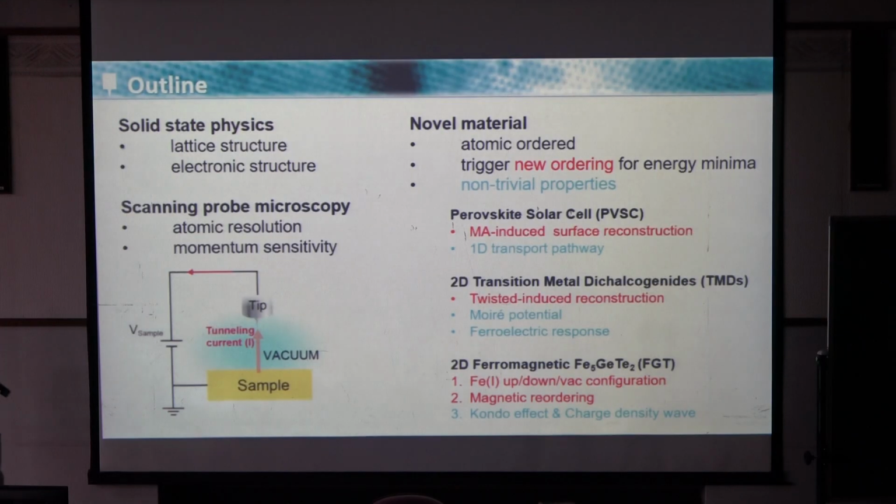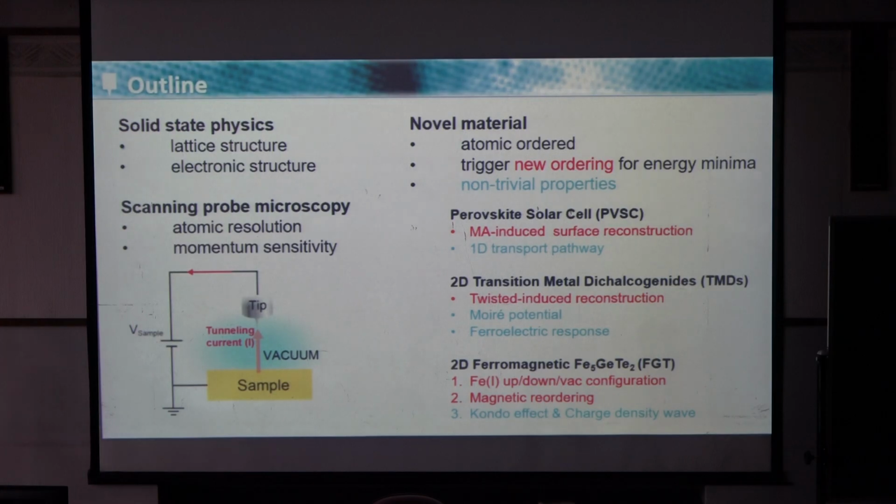So this is the outline. We start at solid state physics, where we have the basic information of the lattice structure, and we can also know the electronic structure of the material. I will explain why scanning probe microscopy can directly get the same very fundamental information as in solid state physics.